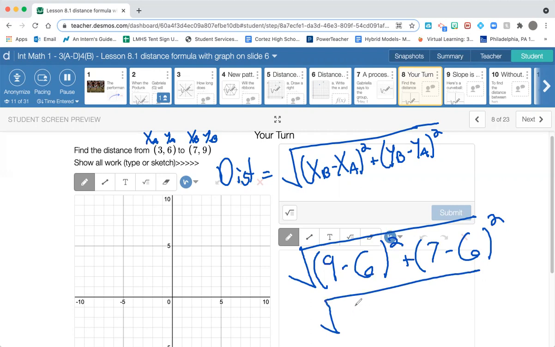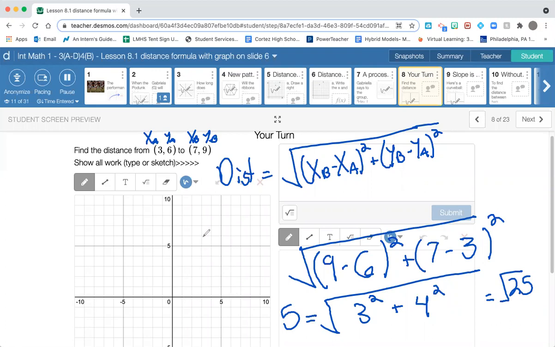But if you wanted to take this further by hand, 9 minus 6 is 3. You're squaring that. You're adding on 7 minus 6. Sorry, pump the brakes. These were the Y coordinates. So this should be 7 minus 3. My bad. Easy fix, though. 7 minus 3, which is 4, being squared. This is really just the square root of 25. So our distance between these 2 points is actually 5.